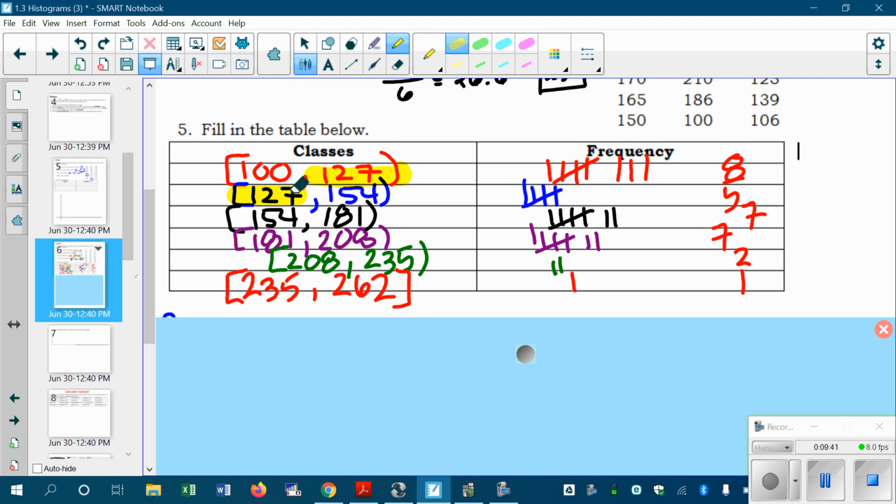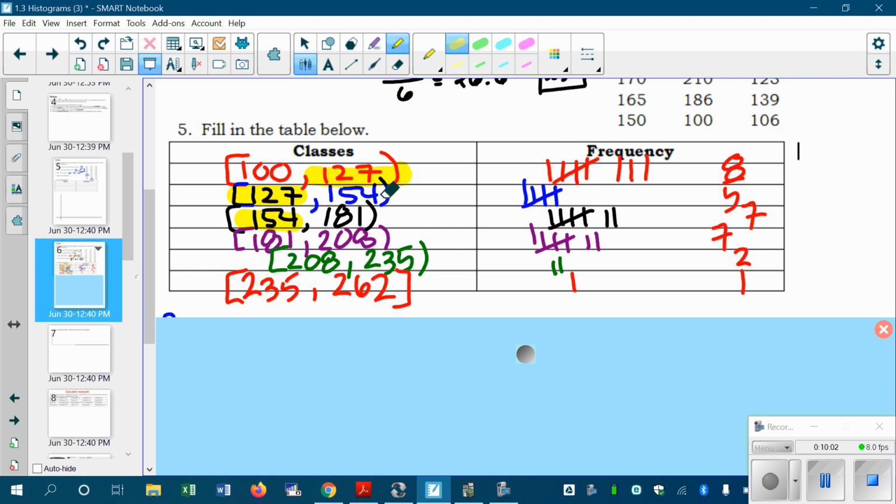Take the 154 and repeat it into the next interval, and that's 187. So it's like, if you ever say to someone, pick a number between 1 and 10, 1 to 10 is like a bracket. That's what we're doing here. We're making these brackets. So like 1 to 127, then 127 to 154, etc.